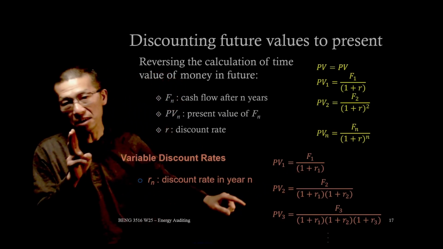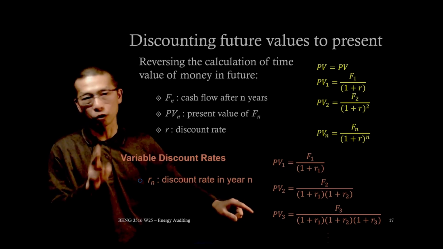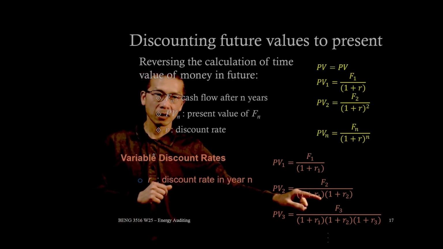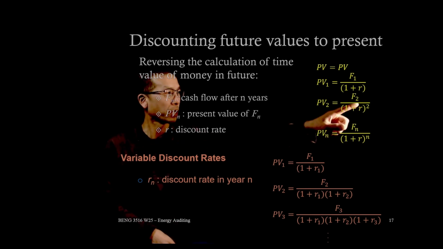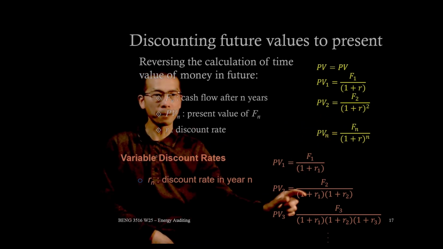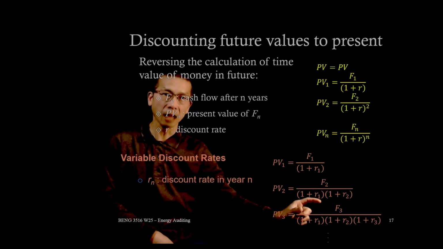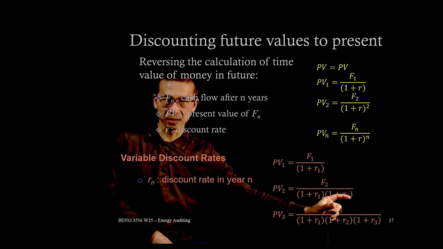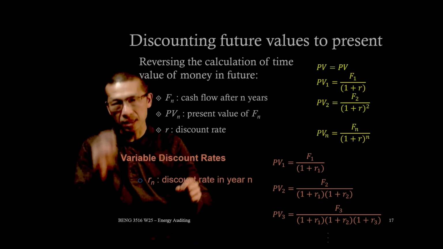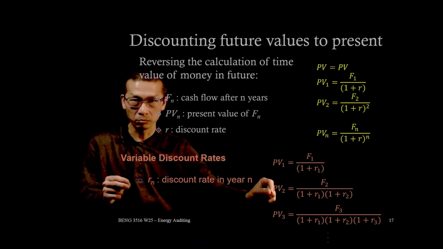If the second year the rate changes, then instead of 1 plus R bracket squared like the one we have up here, now it's 1 plus R1 times 1 plus R2, where R1 and R2 are the rates in year 1 and in year 2.